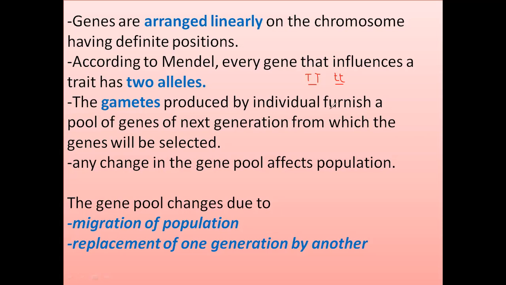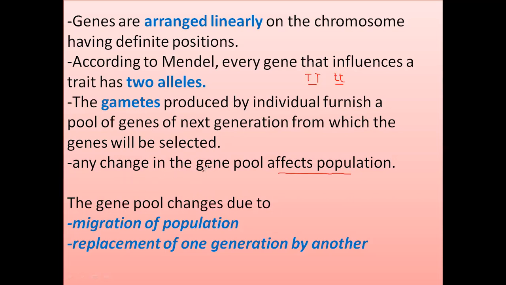Gametes produced by individuals furnish a pool of genes for the next generation from which the genes will be selected. Any change in the gene pool affects the population. So if there is a change in the gene pool, the population will be affected. You have to remember this. As you will study further, your concept will be more clear.